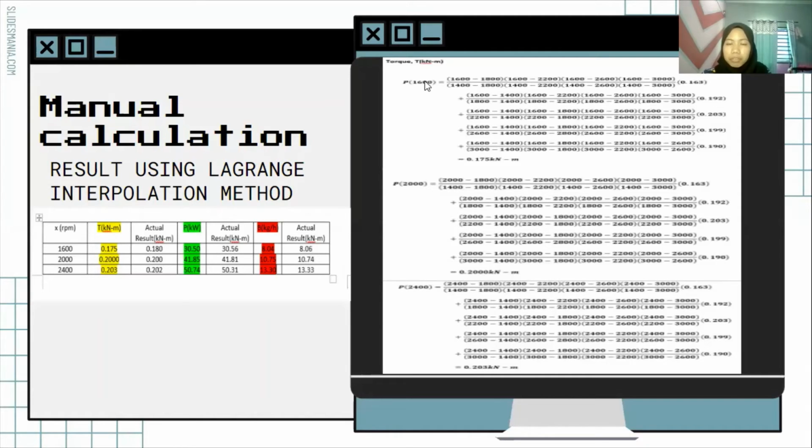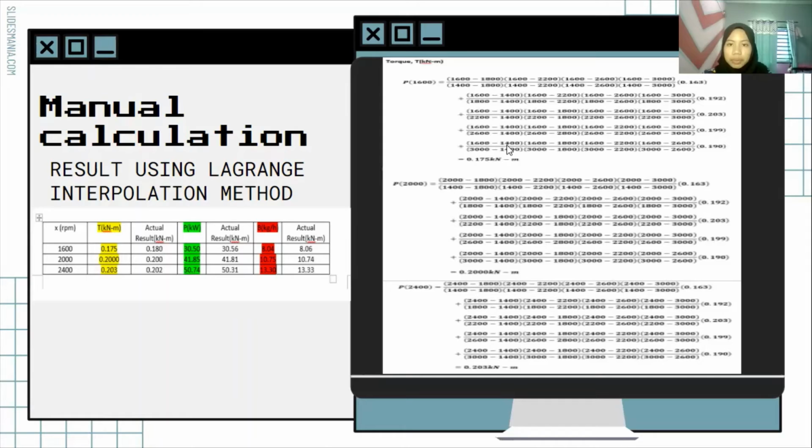We refer to the formula in the lecture and the notes, so we get this answer. We find the values at 1,600, 2,000 and 2,400.